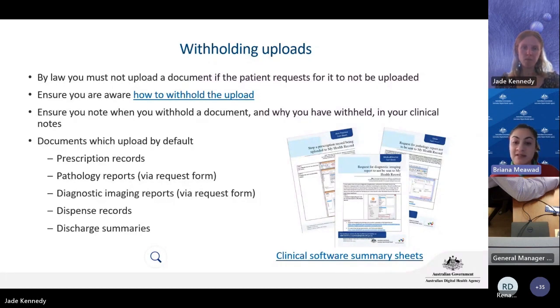So it's actually not an active upload. So your shared health summary and your event summary, that's an active upload. You have to actually go through the process to create that document and then submit it. However, with some of these other document types, they are set up to be uploaded by default or in the back end of the system.